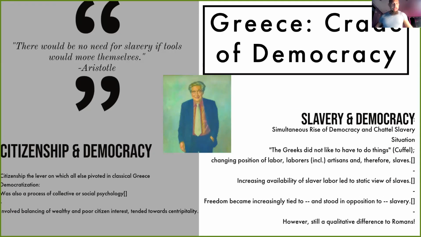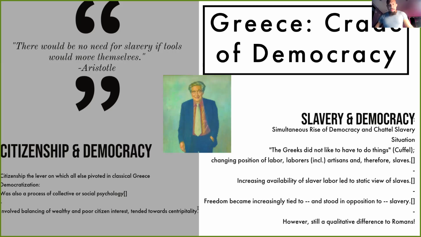And of course, there was also a process of collective or social psychology, so that democracy was not just done by fiat or by legal or judicial reforms, but also had to be accepted by the citizenship. So there is the real democratic education of the Athenians in the broadest sense of the word, which was more amorphous and insidious, involving a remarkable transformation, argues Hansen, one of the most famed scholars of ancient Greece, classicists.